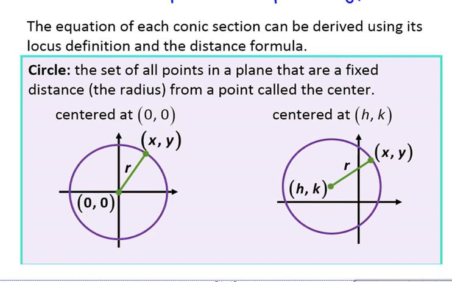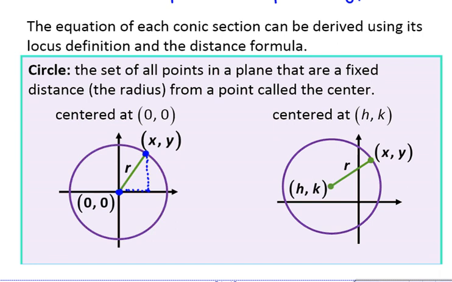So you can see in this left picture here that we have one that's centered at 0, 0. It has a radius of r, so the distance from the center to the outside is a length of r. So (x, y) right here is a point on the graph. If we wanted to come up with a formula, every point that is that distance away is going to have some triangle with x and y.